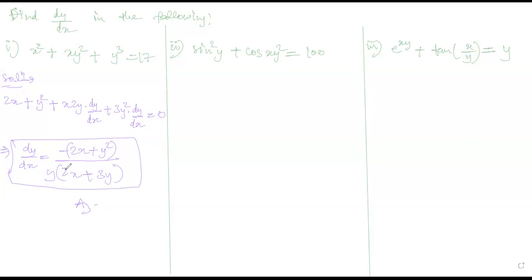Did anyone get the answer correct for the first part? Just raise your hand if yes. Okay. Are you facing a problem with the first question? If you didn't get the answer correct, do you think there's a problem? Please specify.